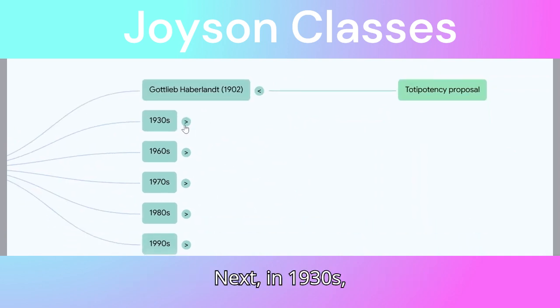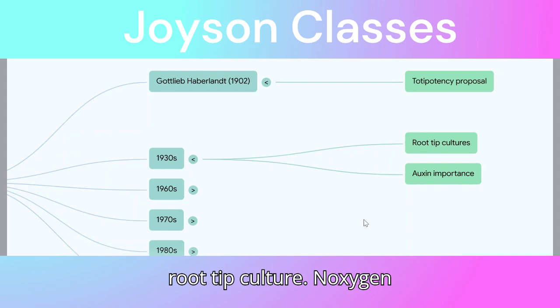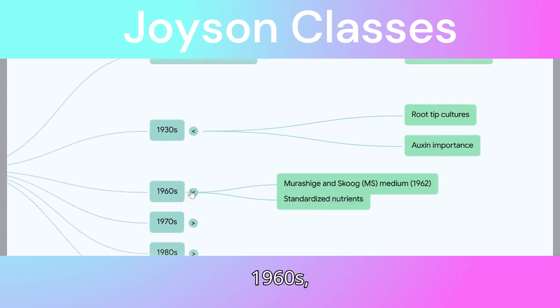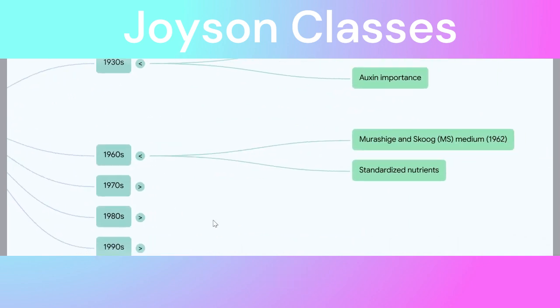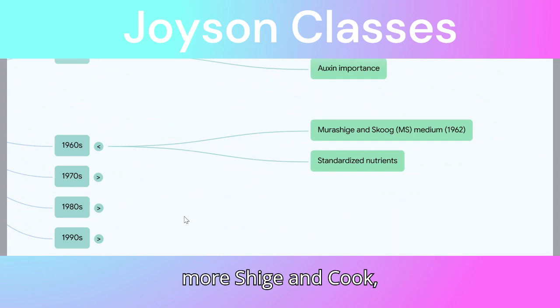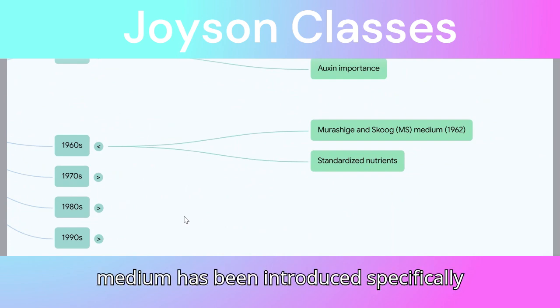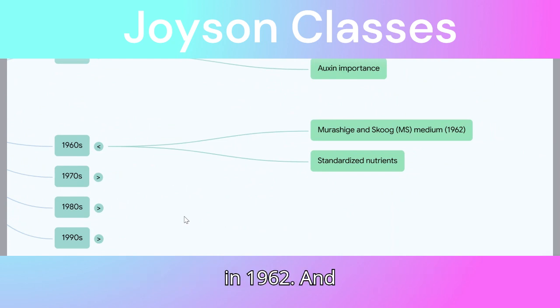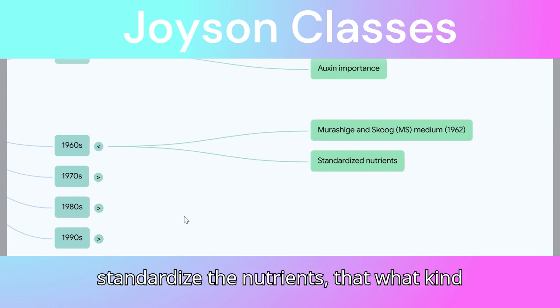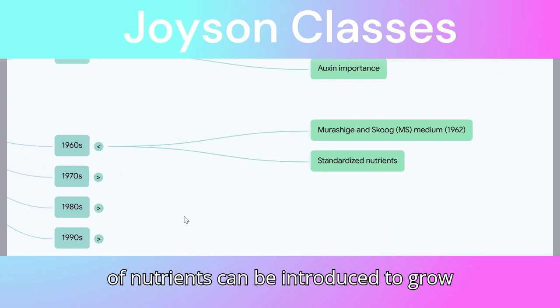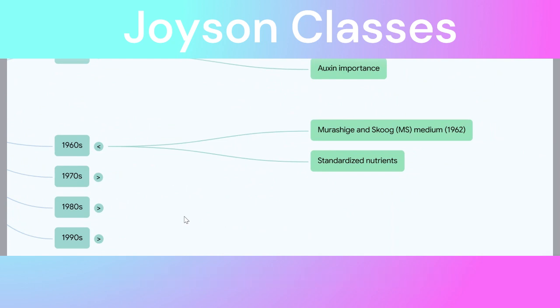Next, in the 1930s, root tip culture, Knop's nutrient solution, was introduced. In the 1960s, the Murashige and Skoog medium was introduced, specifically in 1962, and standardized the nutrients that can be used to grow plant tissue culture.